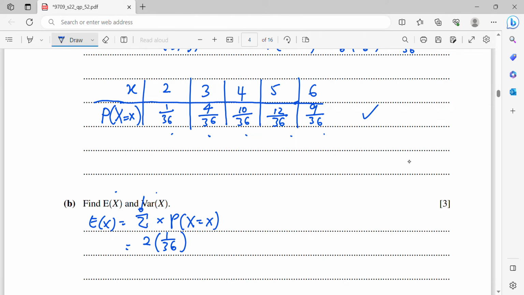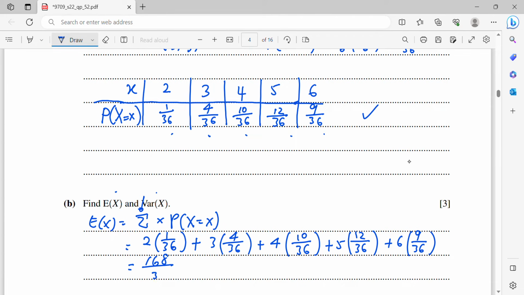The summation means plus, so plus the next multiplication: 3 multiplied by 4 over 36, plus 4 multiplied by 10 over 36, then plus 5 multiplied by 12 over 36, followed by the last one, 6 multiplied by 9 over 36. From here, you will get 168 over 36, and I can simplify this to be 14 over 3. That is my E(X).